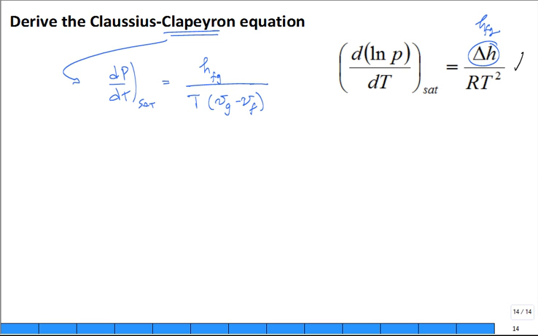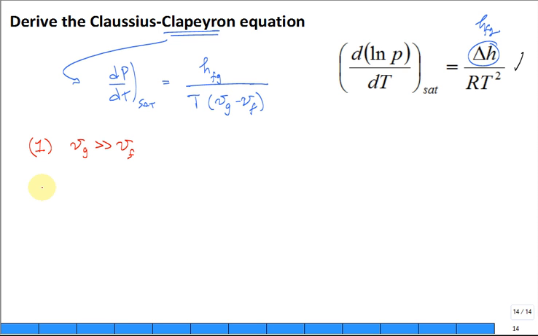If you look at it, there's one approximation right away: V_G is so much bigger than V_F typically. If I look at the volume occupied by a liquid versus the volume occupied at the same pressure by the vapor, the vapor volume is so much larger, you neglect the liquid volume. So that's the first approximation.